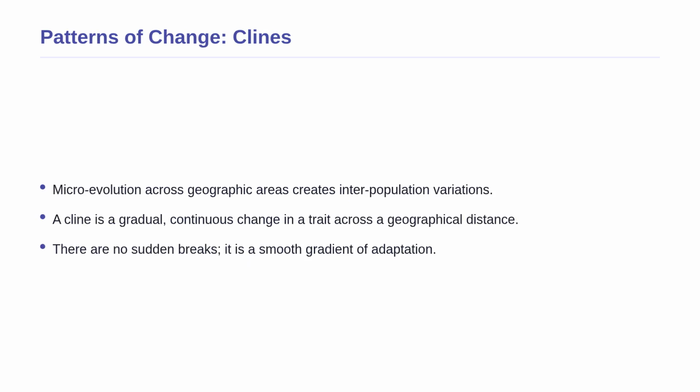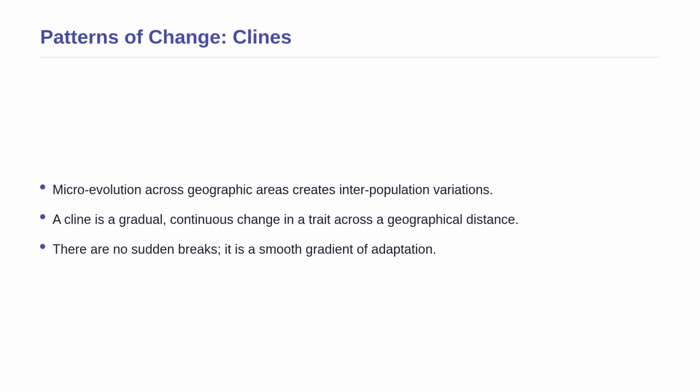We have seen how microevolution works mathematically. Now, let's look at how it paints patterns across the globe. When microevolution happens across different geographic areas, it creates interpopulation variations. One fascinating pattern is called a cline. A cline is a gradual, continuous change in a specific trait across a geographical distance.